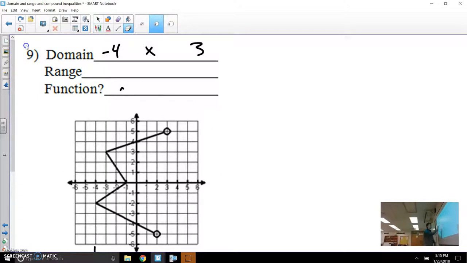And so what I have here is an open at 3. So I don't want that line that says or equal. I just want that to be less than 3. But if you notice on the left side, it doesn't really do an open dot. It doesn't necessarily do a closed dot either, but I can kind of assume in this case that it does actually touch at that point, -4, -2. So that one's going to be or equal.